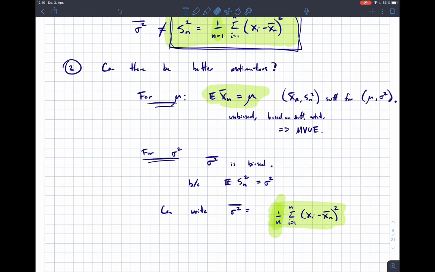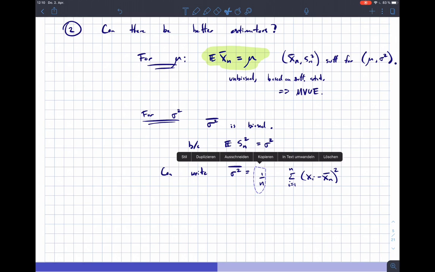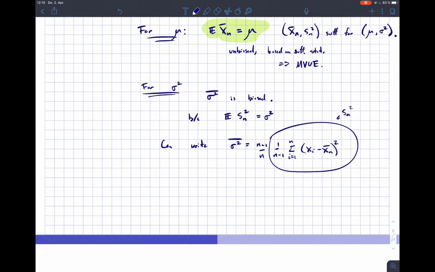This is my method of moments estimator. If I write 1 over n minus 1 here, and then multiply by n minus 1, then this is Sn squared. So I see that it's n minus 1 over n times Sn squared.